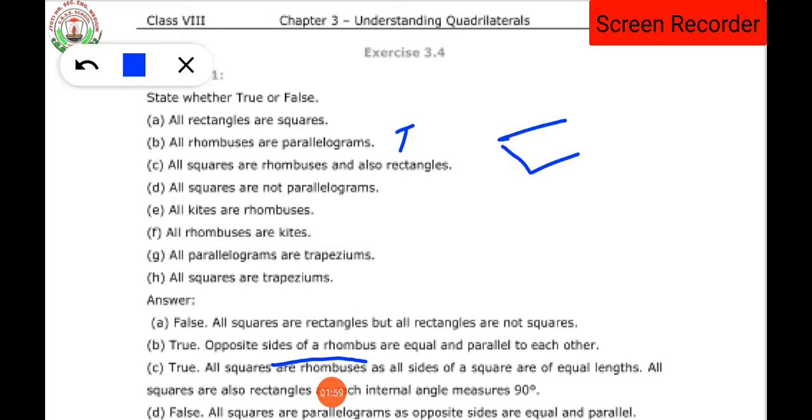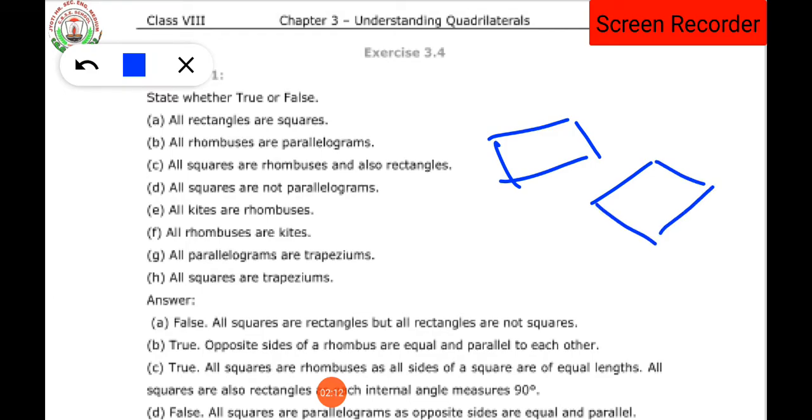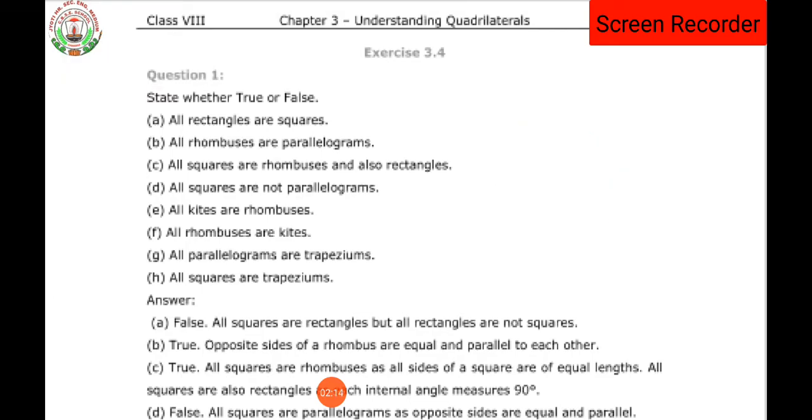This one is the shape of a parallelogram, isn't it? And a rhombus shape will be like this, isn't it? So opposite sides of a rhombus are equal and parallel to each other, which is also the same in parallelograms. That's why the statement is true.